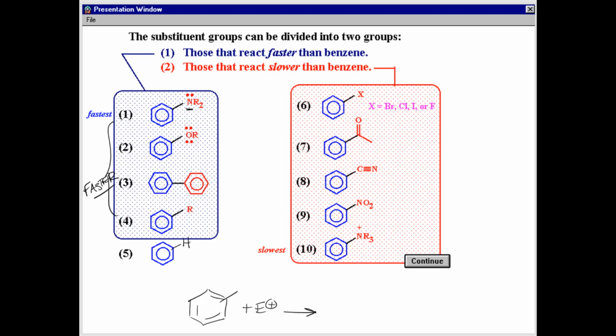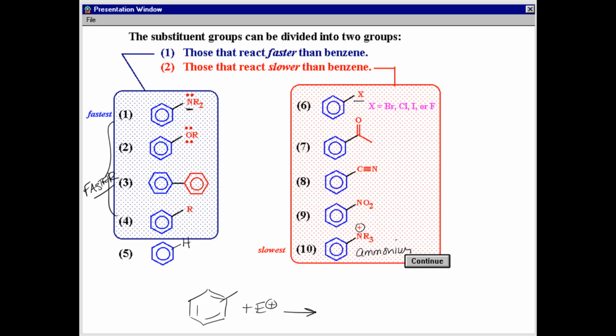So benzene is kind of our baseline here. And then once you get beyond benzene and you put a halogen on the ring, the reaction goes slower than benzene. Any carbonyl will then go slower than that. A C triple bond N will go even slower. Our NO2 group will go even slower. And then finally an NR3 plus, which is what's called an ammonium.